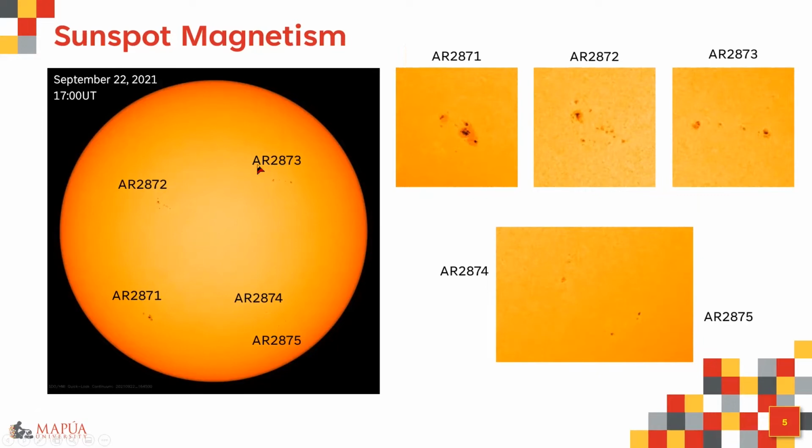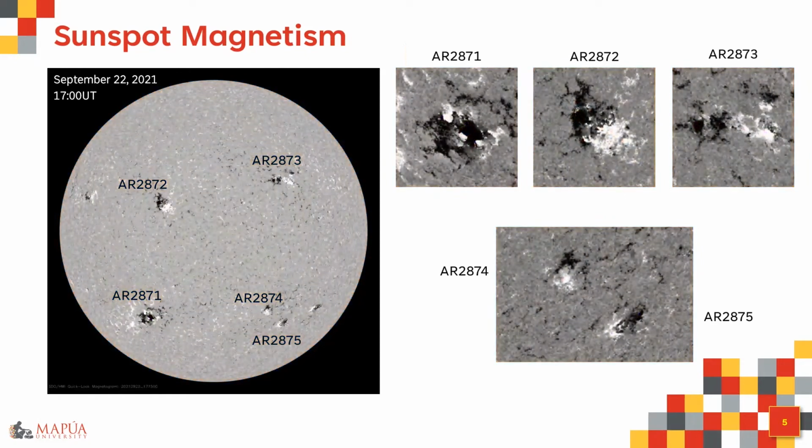So this is the set of active regions that was present last September 22. We have identified five active regions: AR 2871, 2872, 2873, 2874, and 2875. By looking at the magnetogram of the sun, we can see that these regions are indeed magnetically active.